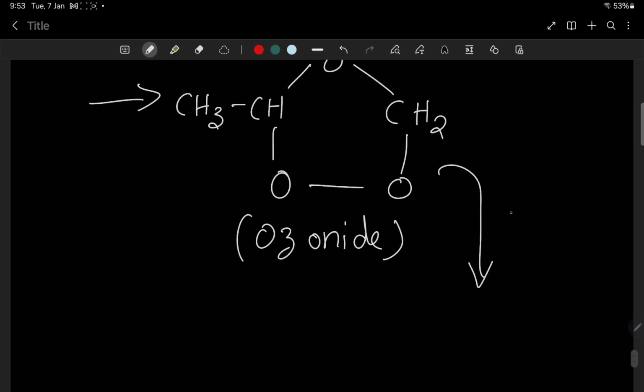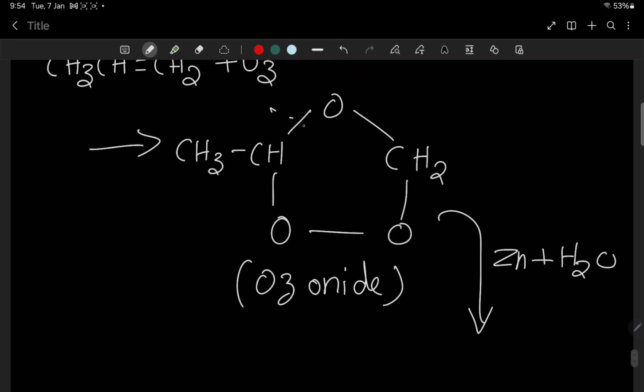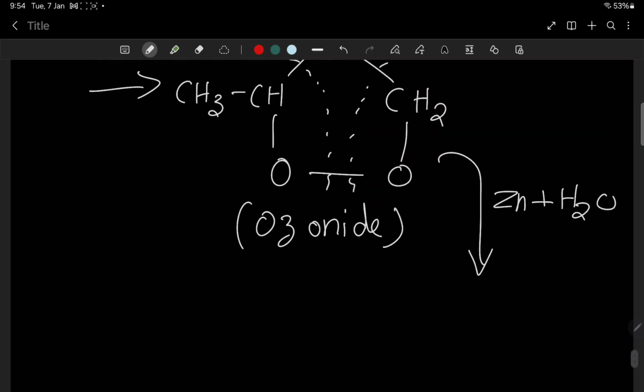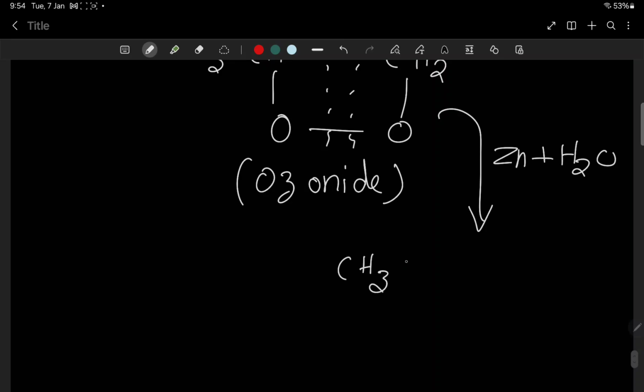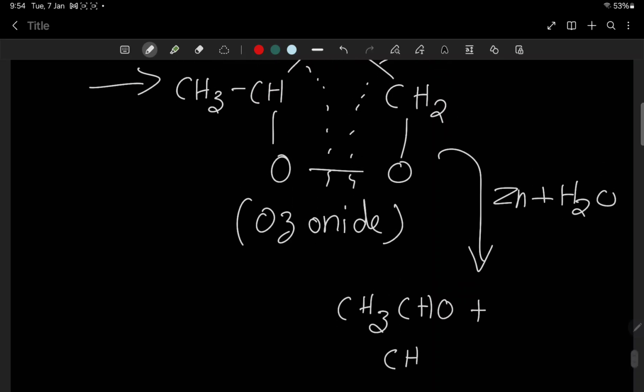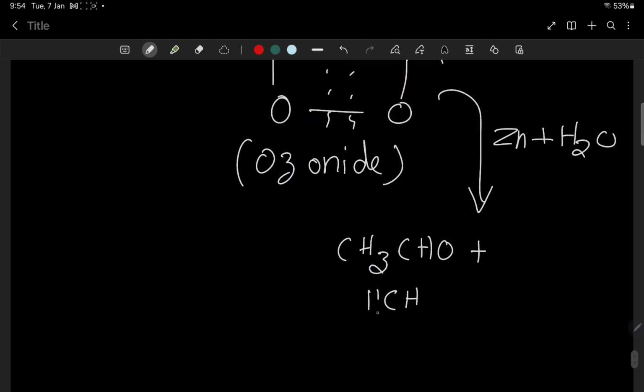Into this ozonide, if we add Zn plus H2O, zinc plus water, it will break like this, and we get CH3CHO plus HCHO, that is acetaldehyde and formaldehyde.